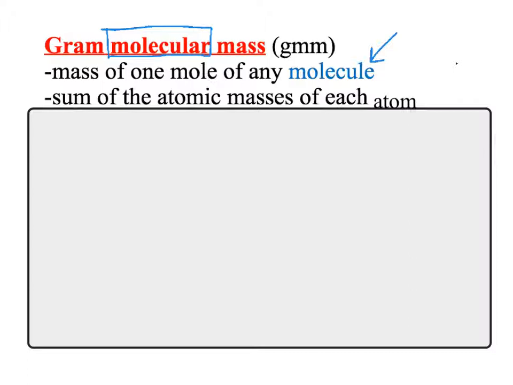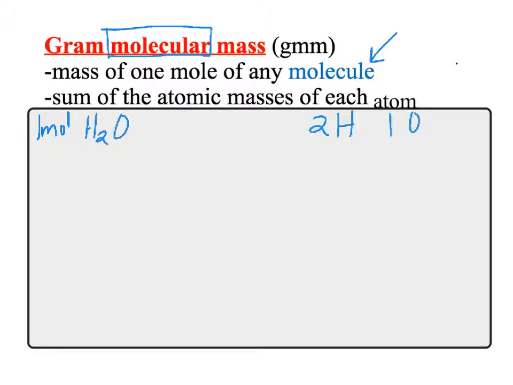So if I have 1 mole of H2O, what I'll do is go ahead and add up the weight for each one of the atoms. So I will have exactly 2 hydrogen atoms and 1 oxygen.